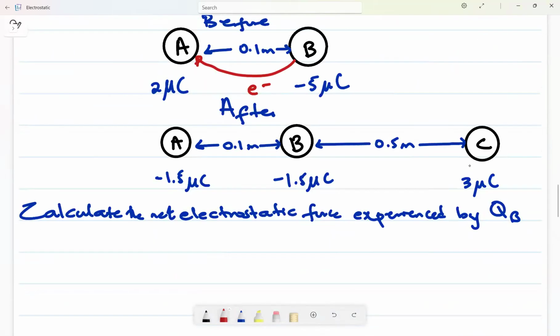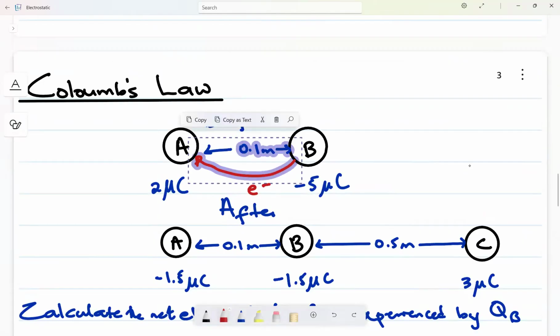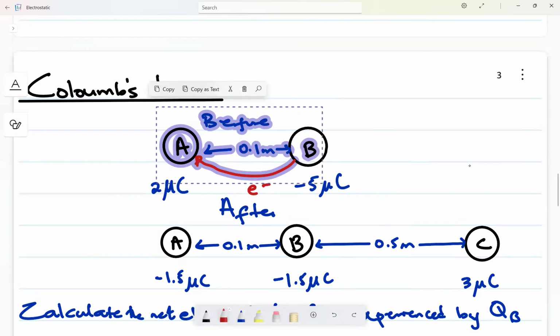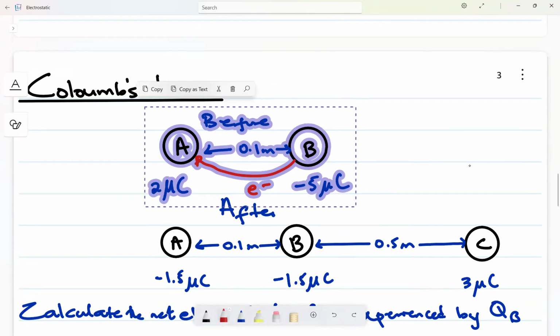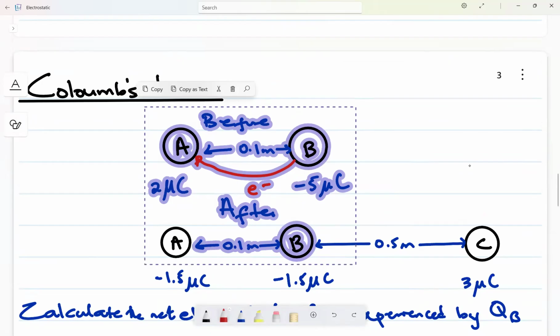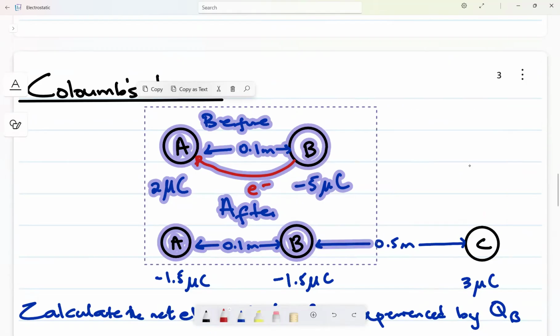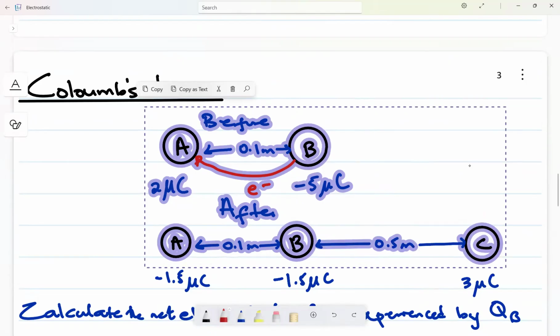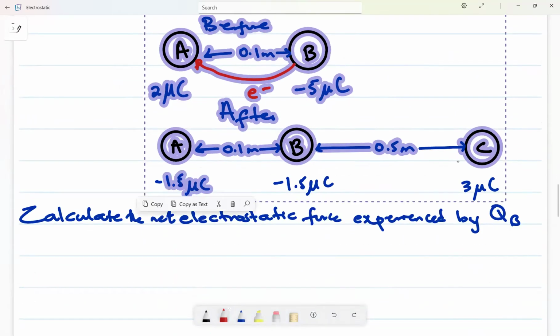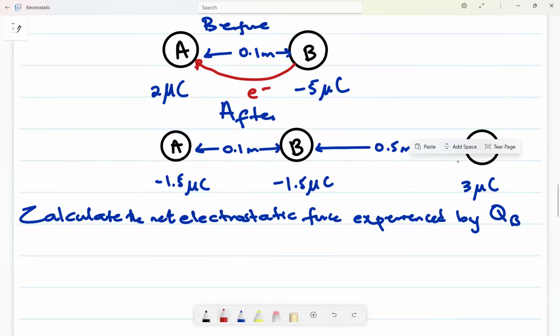Let me see if I can move all of these down with me, so that we are in a position of defining what exactly is meant by electrostatic force.